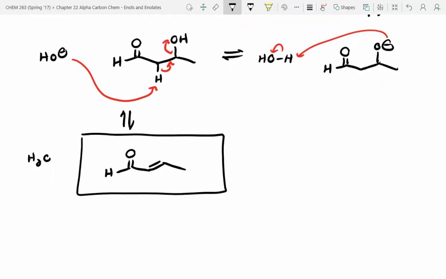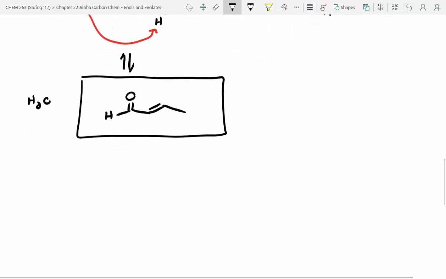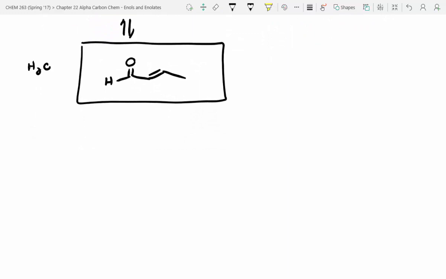So you can make these alpha beta unsaturated ketones using aldol condensation, or you can do alpha halogenation followed by an E2. Either one is very common. Okay, so now that we've got this, let's consider a few reactions.